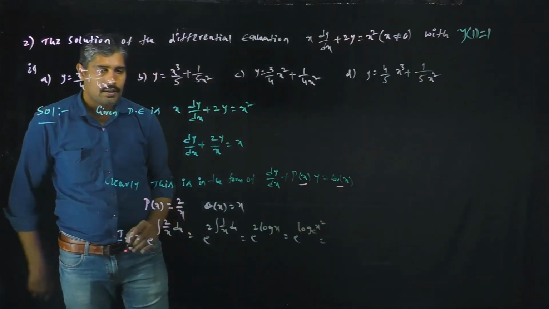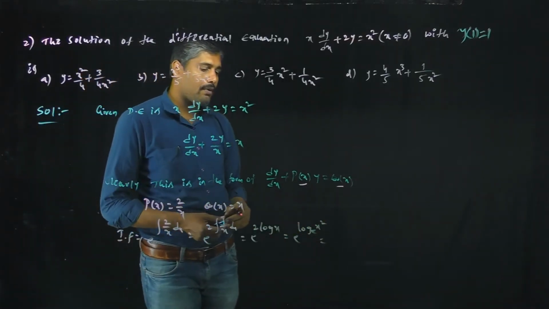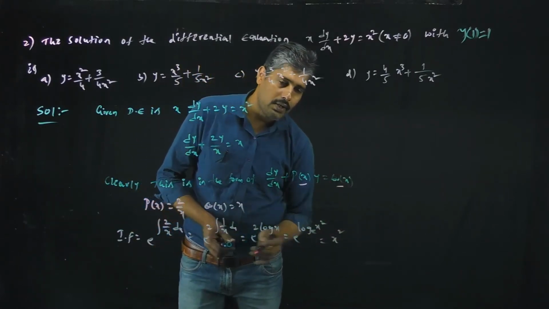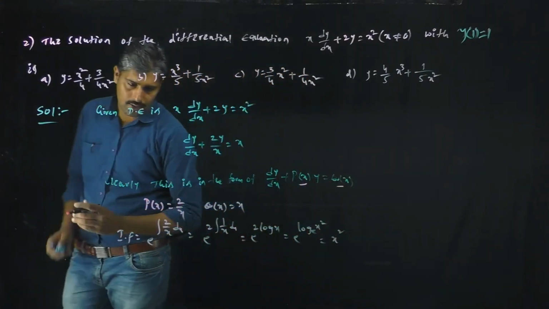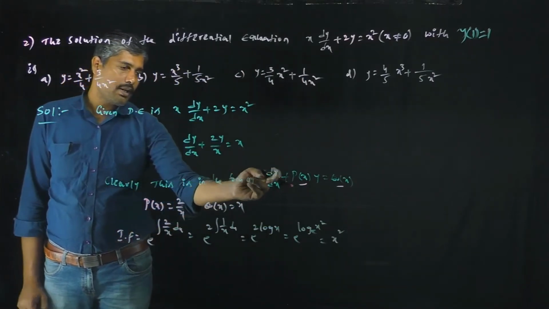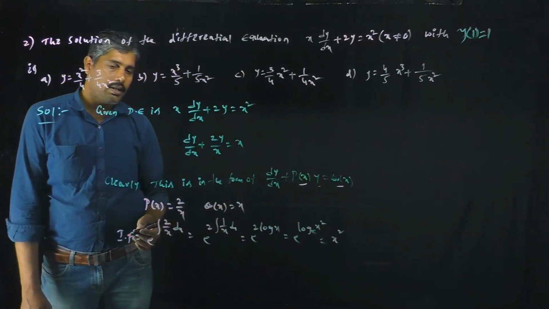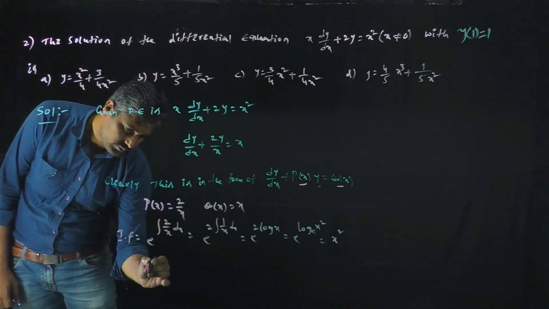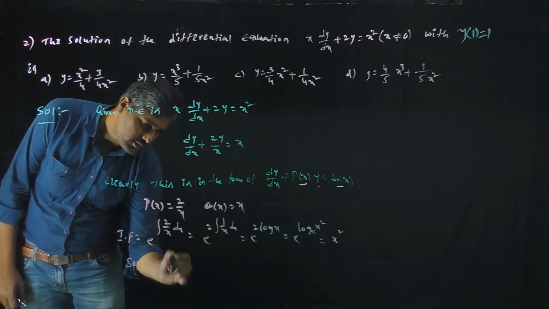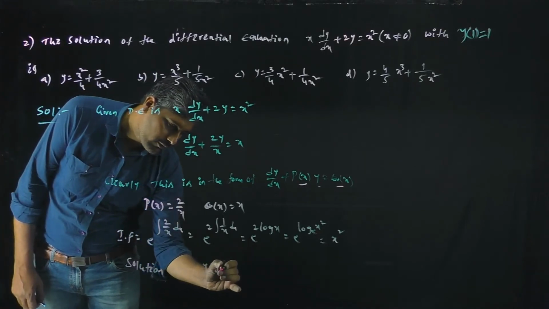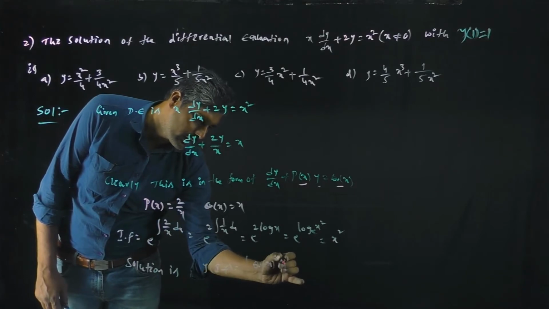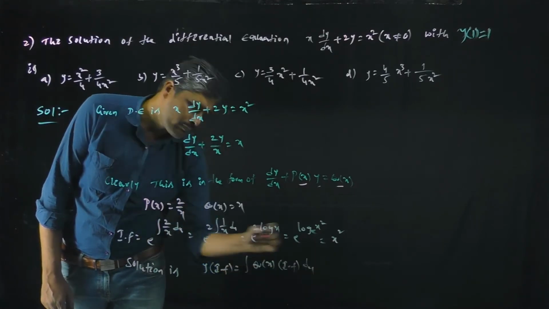We know the logarithmic formula e^(log x) = x, so we get the IF value as x². This is a linear differential equation in y. That's why the solution is y times the integrating factor equals the integral of Q(x) times the integrating factor dx.